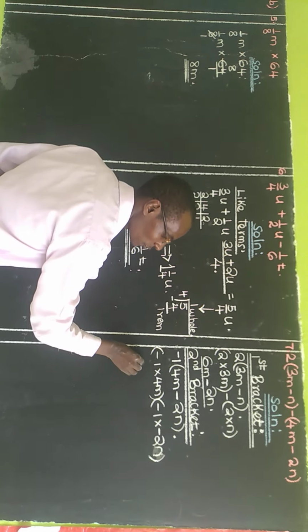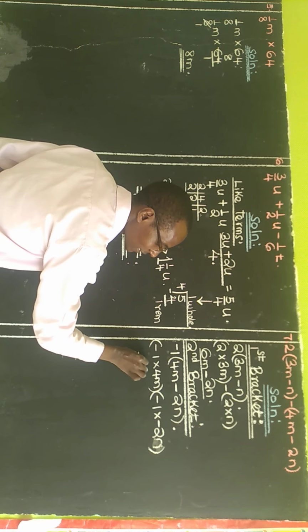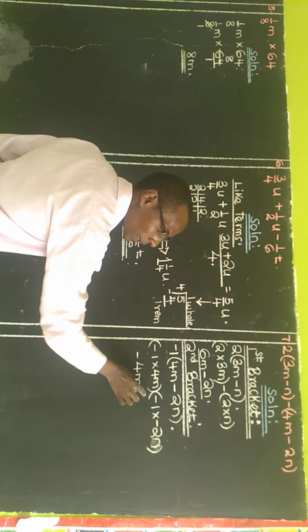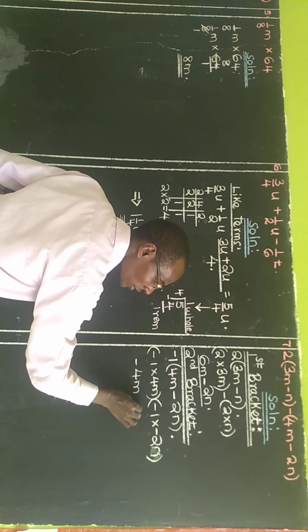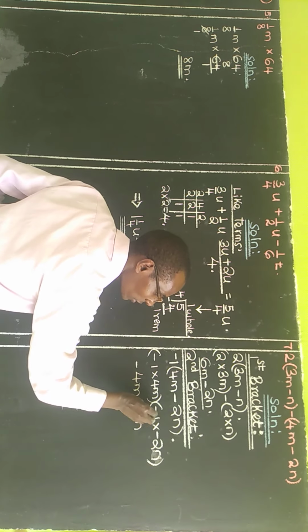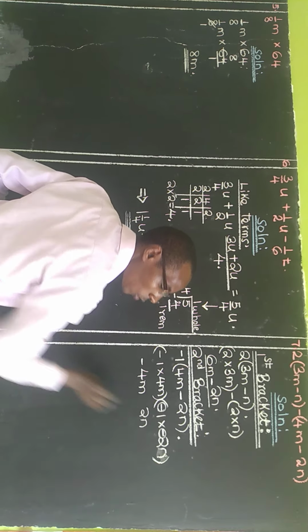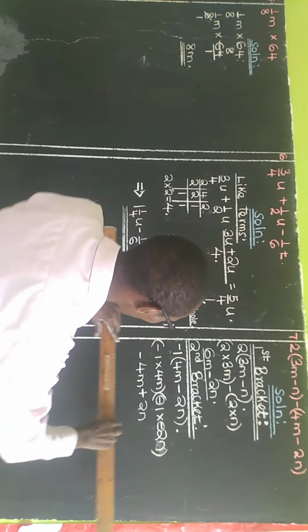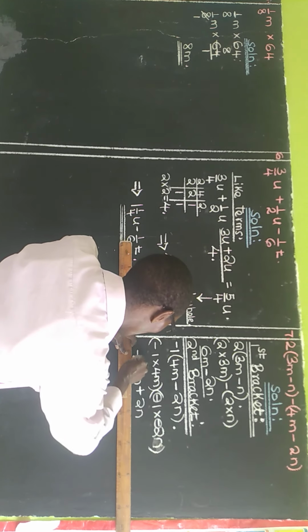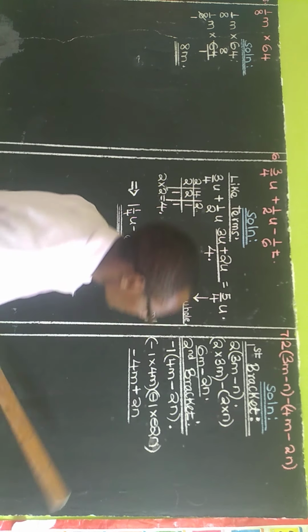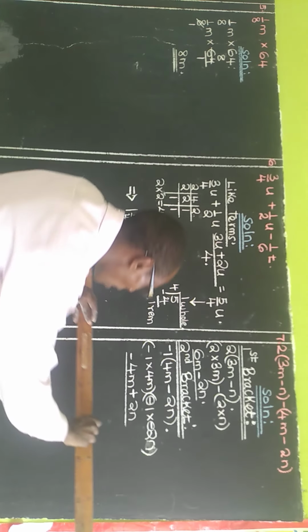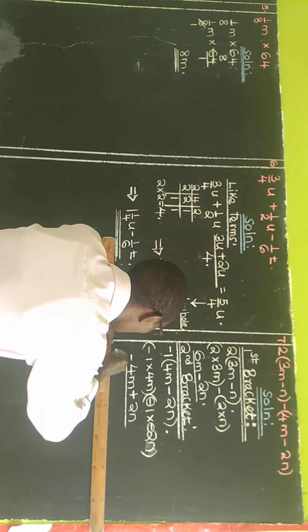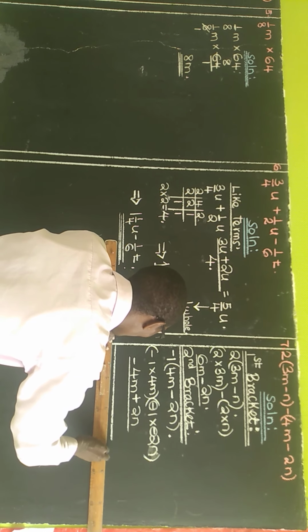So negative 1 times 4m gives you negative 4m. Then 1 times 2 gives you 2n. Look at this, the two signs are the same, so they form a positive. So the result for the second bracket is negative 4m plus 2n. From there, we go on to the next step, which is combining them.